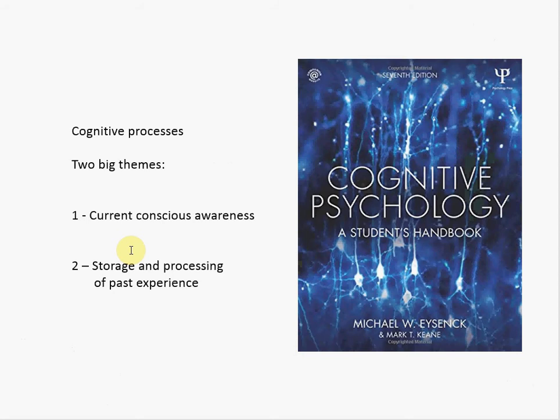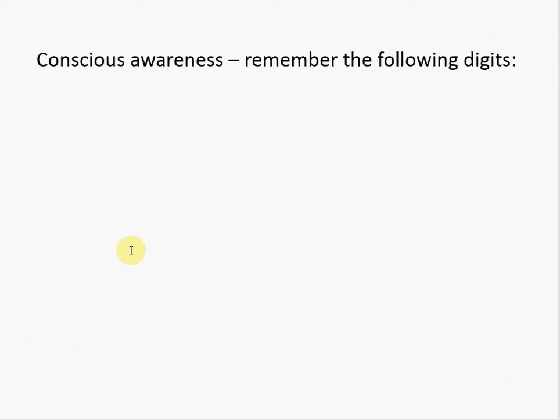So just to illustrate these two themes, first of all let's start off with a classic demonstration of conscious awareness. What I want you to do is to try and remember the following digits, which I'm going to put on the screen. So try and keep these numbers in your mind.